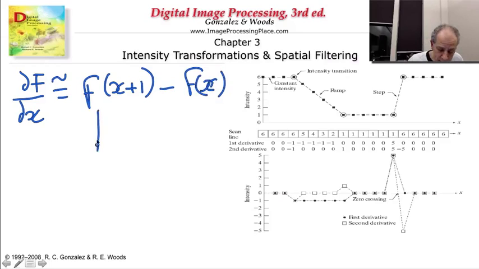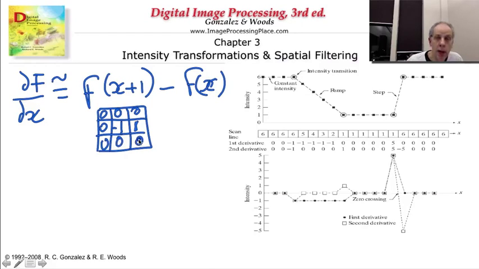If I want to write the neighborhood operation, let's say in a 3 by 3, that will mean f at x plus 1, I have a 1 here, minus f at x, I have a minus 1 here, and every place else is 0. So that's basically how I represent that. I get a one-dimensional derivative in the x direction. Similarly, I can get a one-dimensional derivative in the y direction.